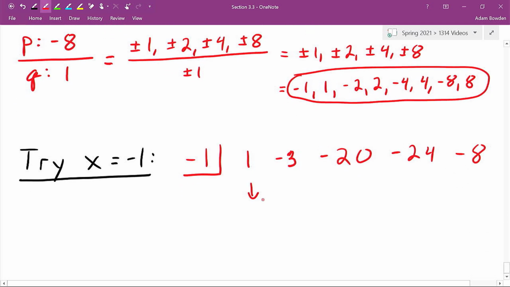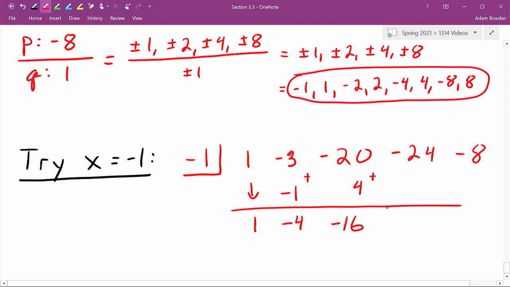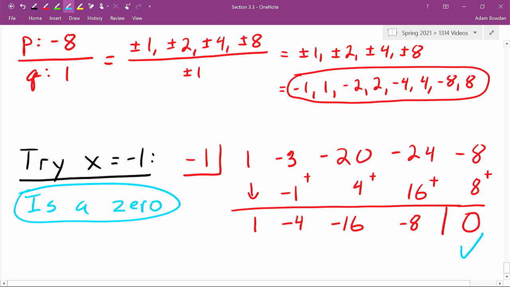If I run through the synthetic division here, we'll start with a 1, then -1, -4, +4, -16, +16, -8, +8, and then finally added at the end, we do get a 0. So this checks out. Since we got a 0 for the remainder, x equals -1 is indeed a 0.